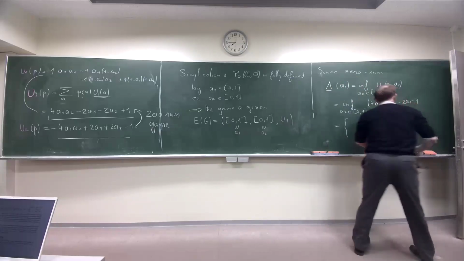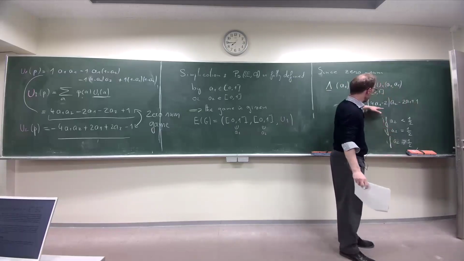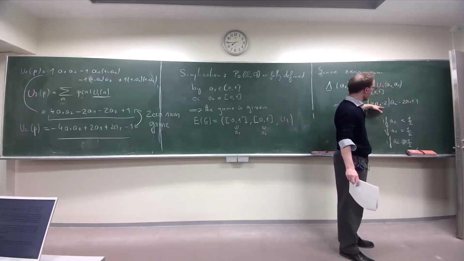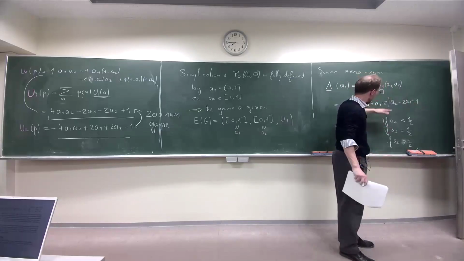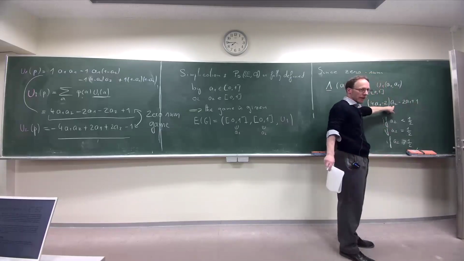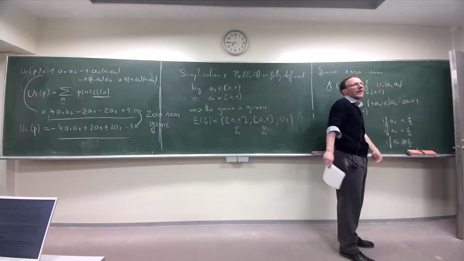So let's check. In the first case, this parenthesis is smaller than 0, right? So I had better put the number 1 here so that I get something very negative.